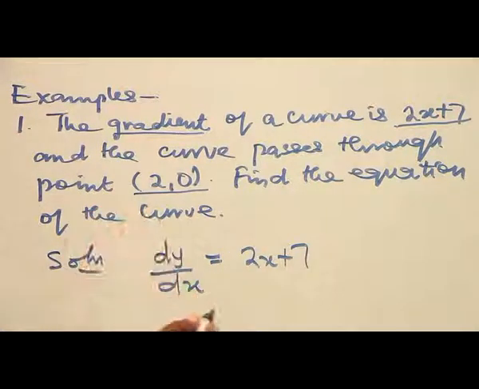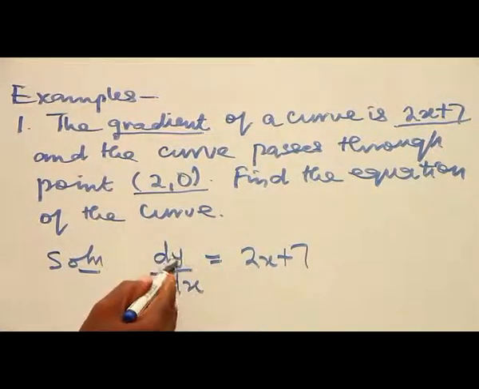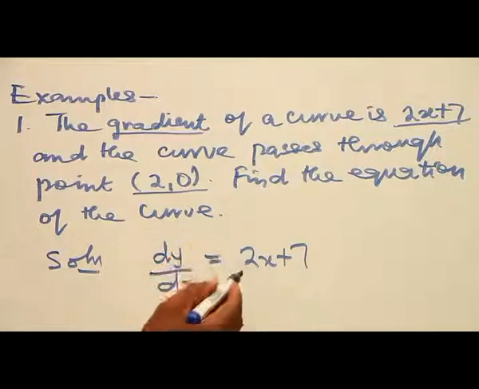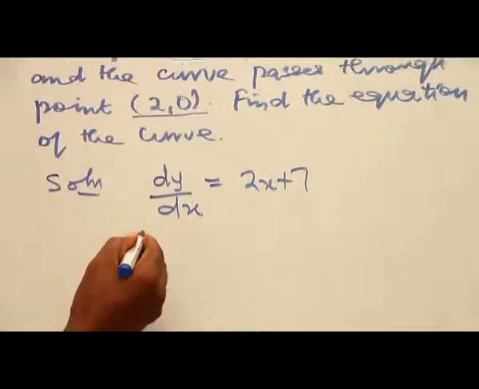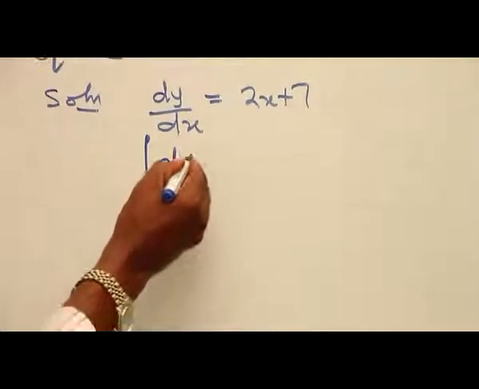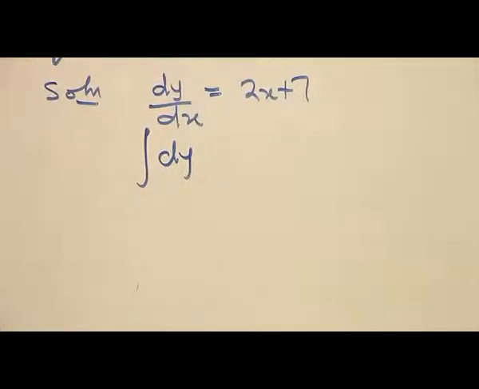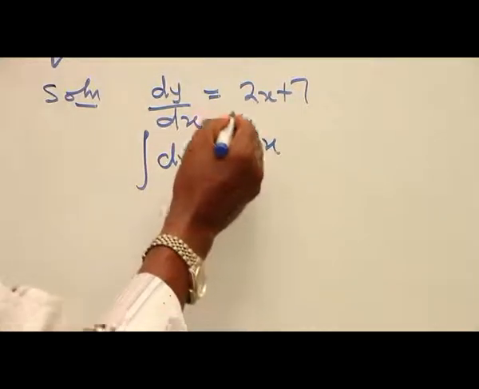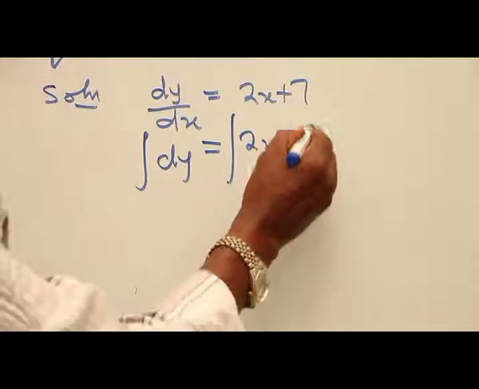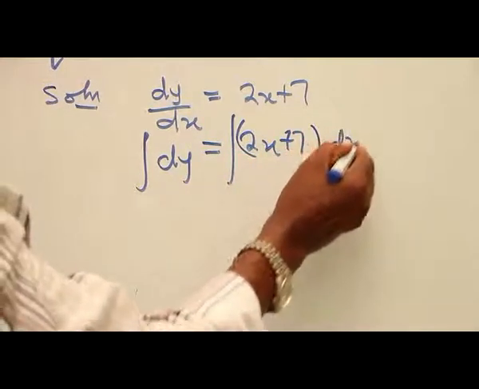But before we get there, what then is the function? This is the gradient of the function. To get the function, you integrate: y is equal to the integral of 2x plus 7, with respect to x.